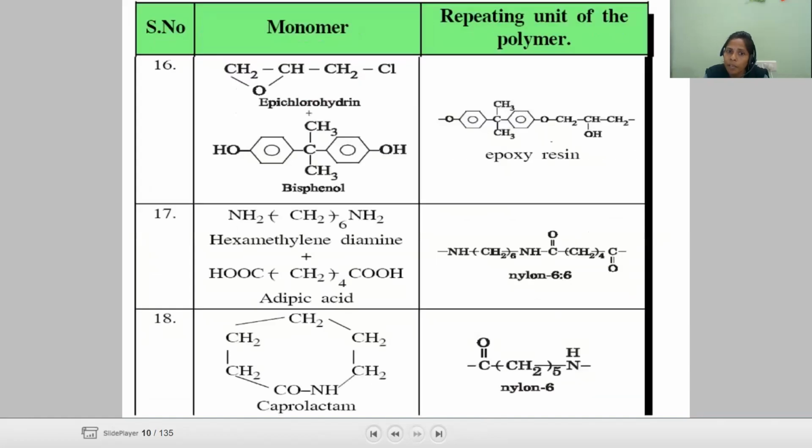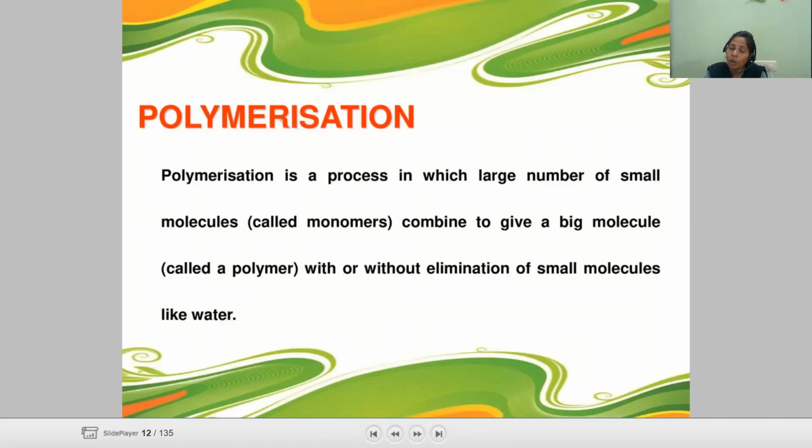But in some polymerizations, there is also elimination of small molecules like water. Due to the removal of small molecules, the polymer is also synthesized. So that's why we have given the definition that, either with or without elimination of small molecules, that process is called polymerization.